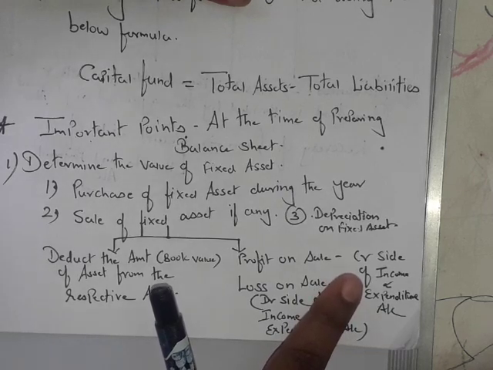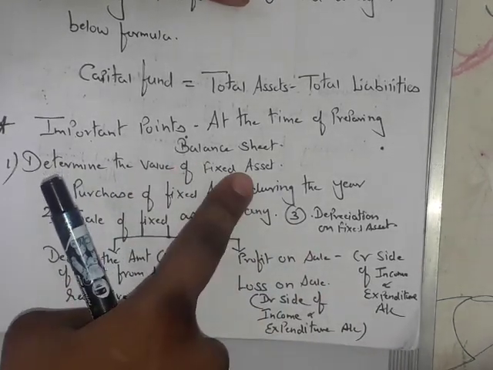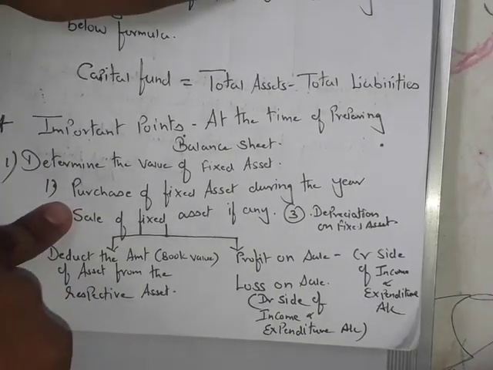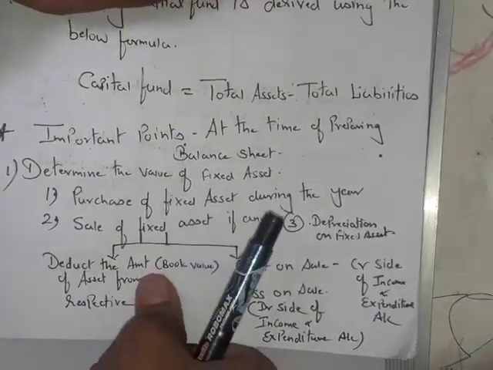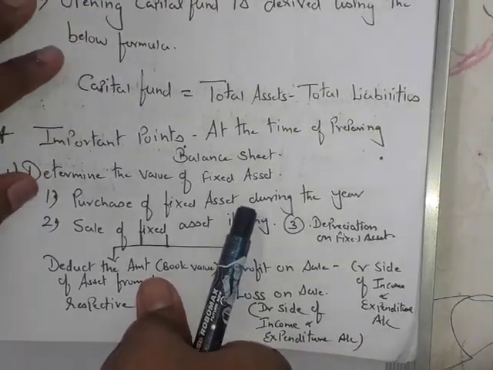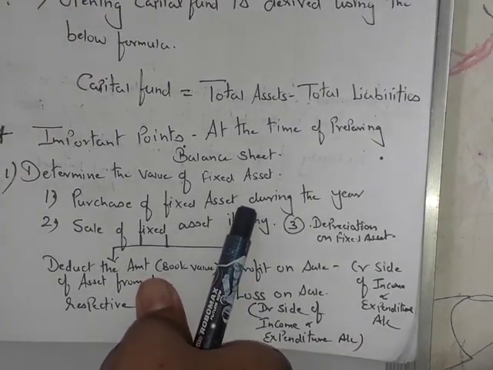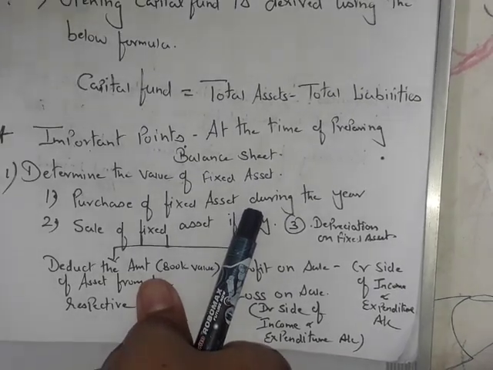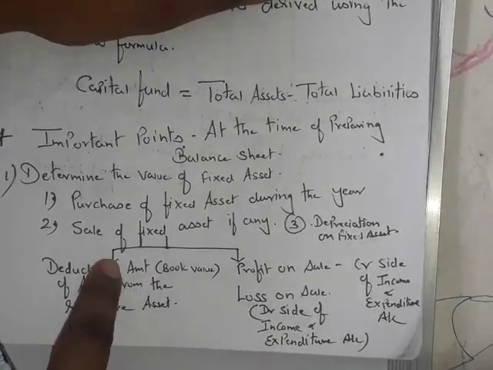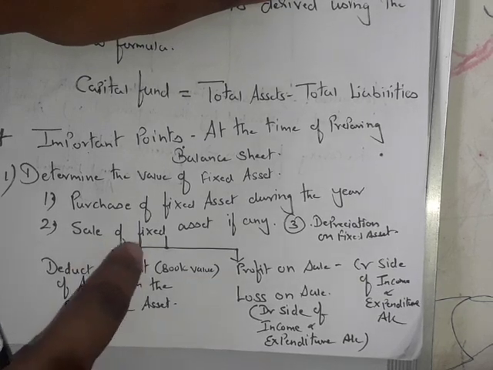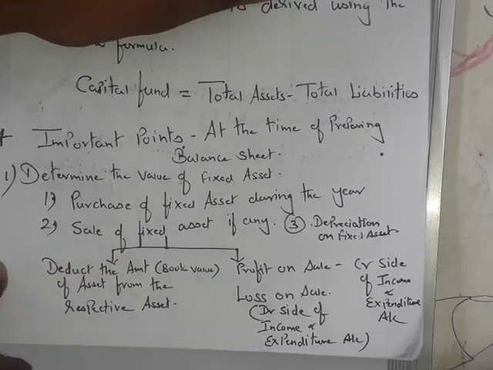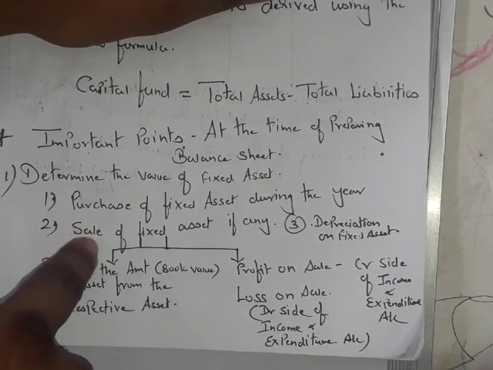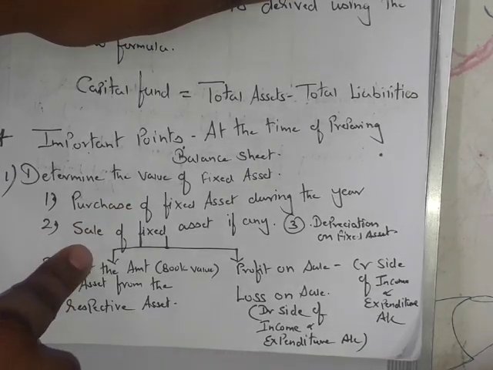No, right? So when you are going to determine the fixed assets value, keep in mind whether you have done any further purchases, then the purchases whatever you did should be added to the respective fixed assets. Suppose you have not done any purchases, you have done a sale of the fixed asset, then in that case the book value of the sold fixed assets has to be deducted from the overall fixed assets value, and then the remaining portion alone should be shown in the balance sheet.